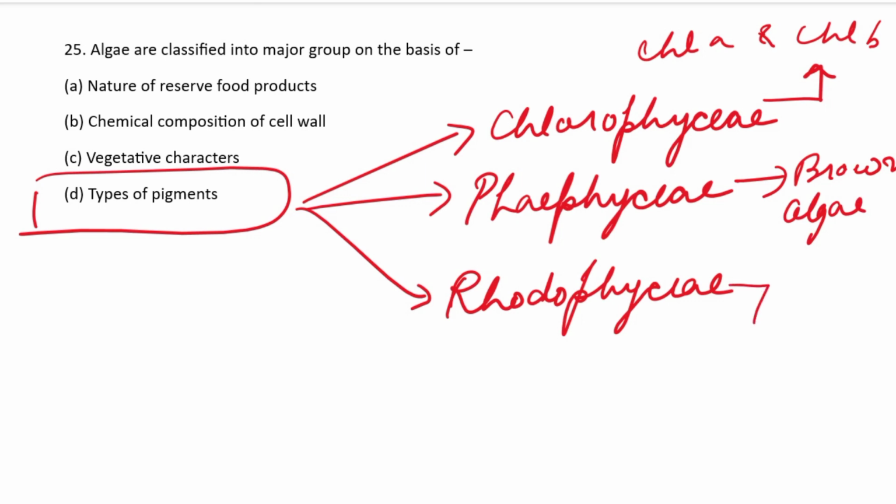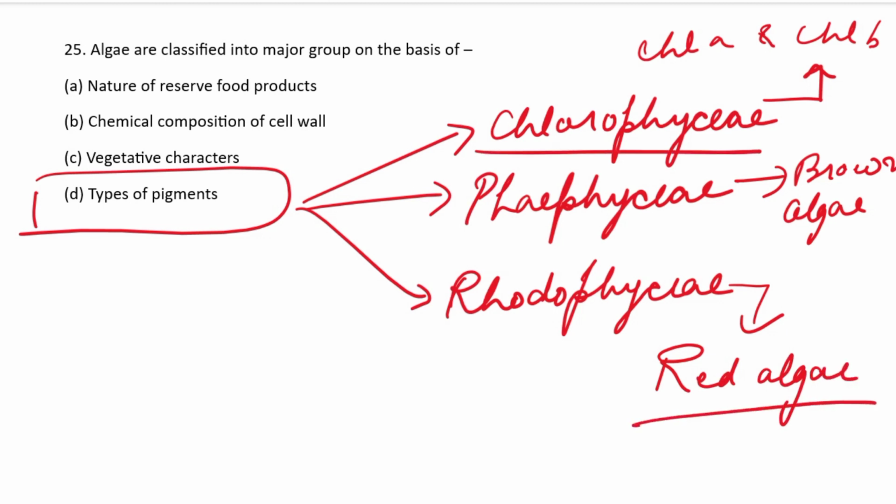Then rhodophyceae has red algae. So these are the three divisions, chlorophyceae, phaeophyceae, and rhodophyceae, which are used to classify the major groups of algae.